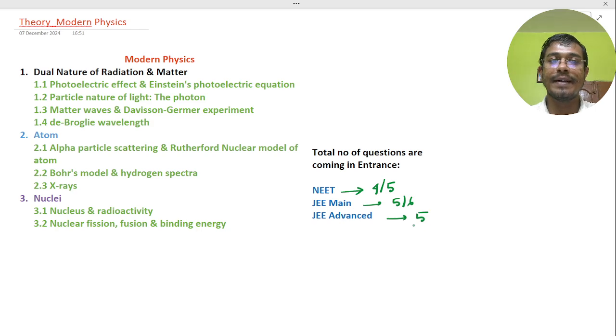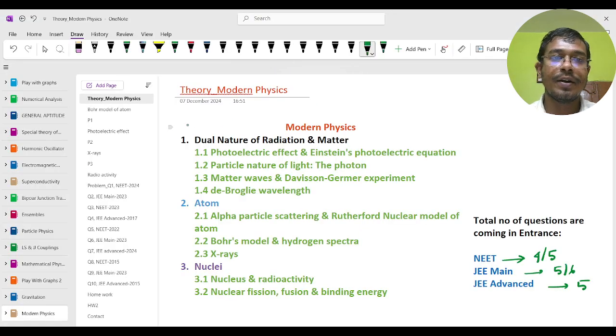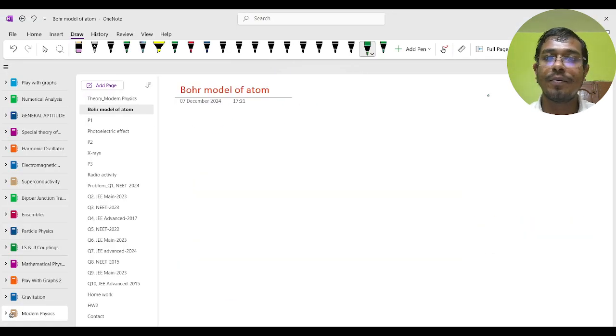I will summarize this topic and solve 10 important problems today, and 10 problems will be given as homework. After we get time and cover all the topics, we will discuss the theory elaborately. So our first topic is the Bohr model of atom.